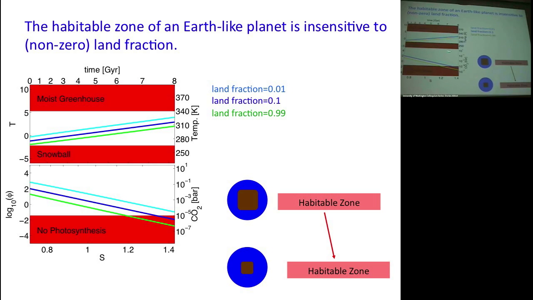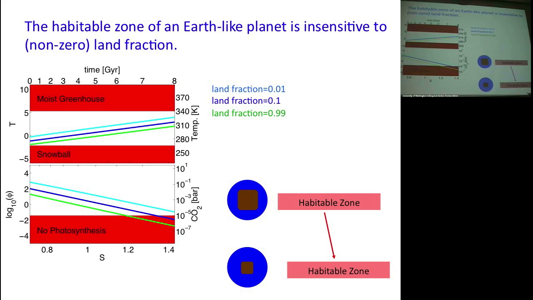And I've just drawn rough habitable zone limits, where a moist greenhouse might be, where a snowball might be. This is some other people's idea that I don't think is all that useful, of where photosynthesis might shut off, because there are other types of life that don't need photosynthesis.